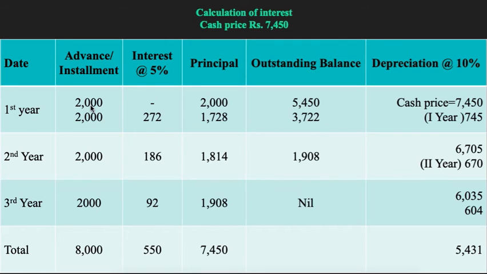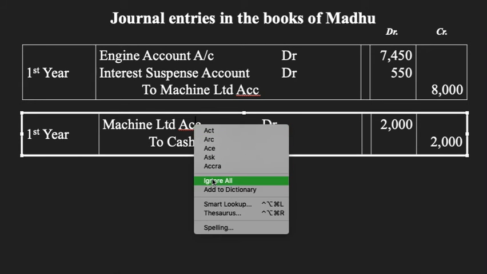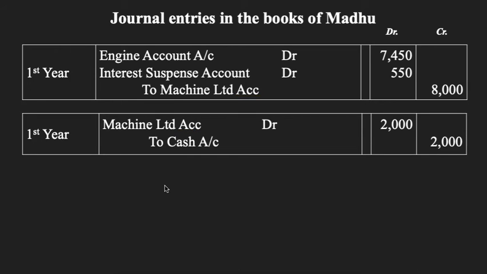The journal entry for this would be machines limited account debit to cash account, right? So here is the journal entry for the first year, when 2000 rupees is paid as advance: machines limited account debit to the cash account.